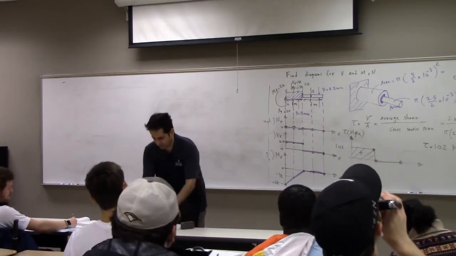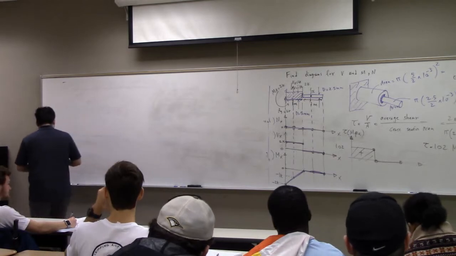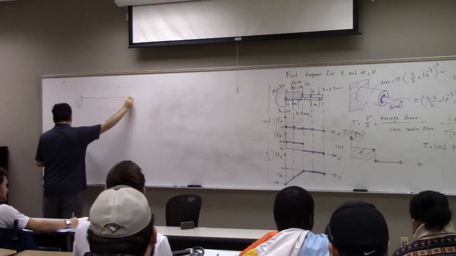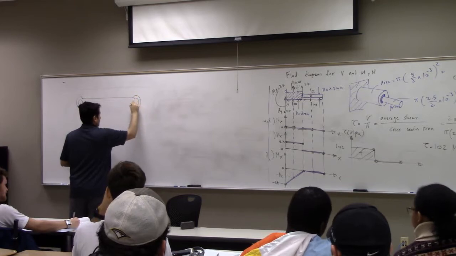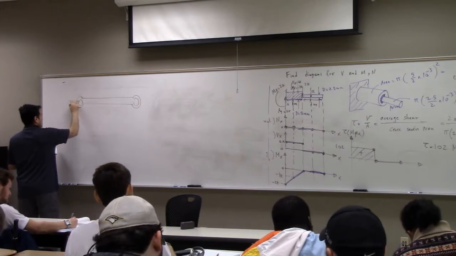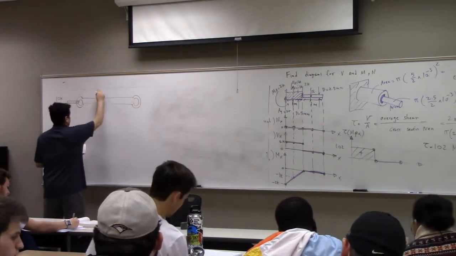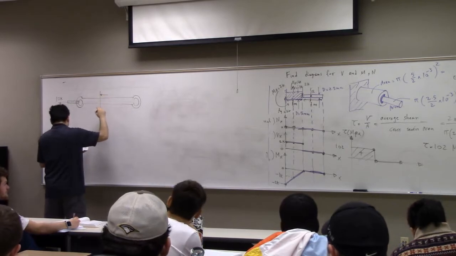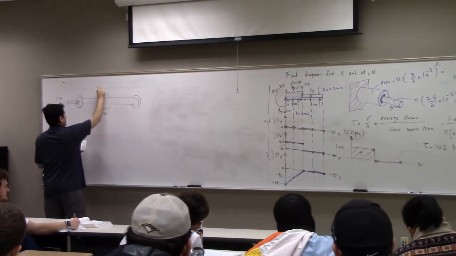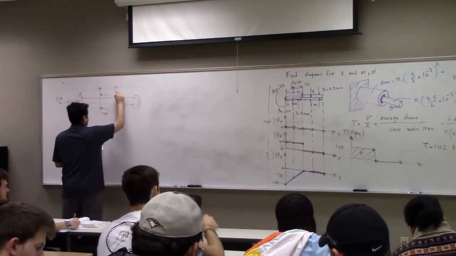Let's go to page, Example 7.5. K, B, C, 4K.